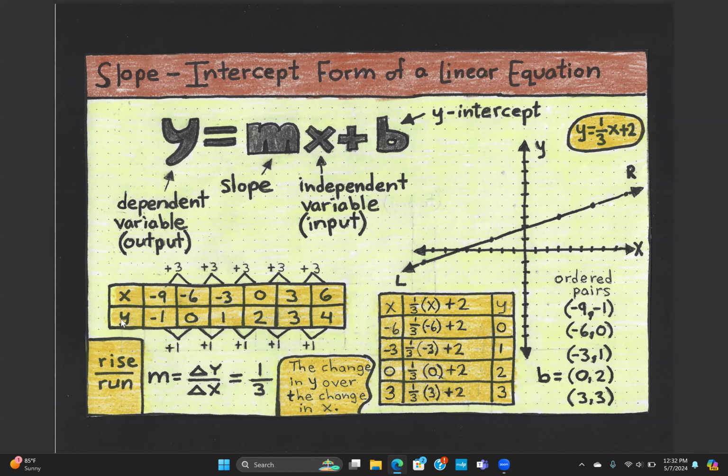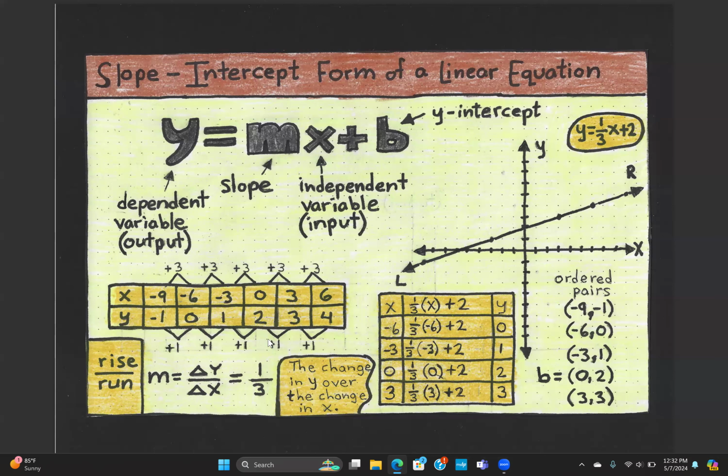On the other hand, we have y. Y is the output value, and it is increasing by a positive 1 because we have -1, 0, 1, 2, 3, 4. That lets us know that it's increasing by 1 as we go along the y values. So we're going to use rise over run, or I should say y over x, because the slope represents the change in y over the change in x.